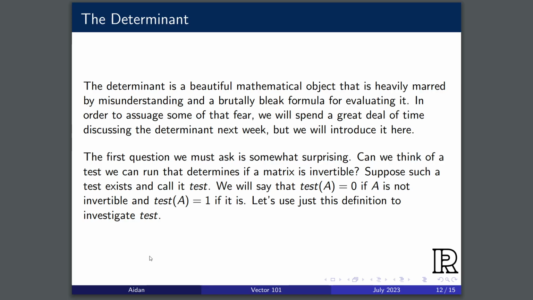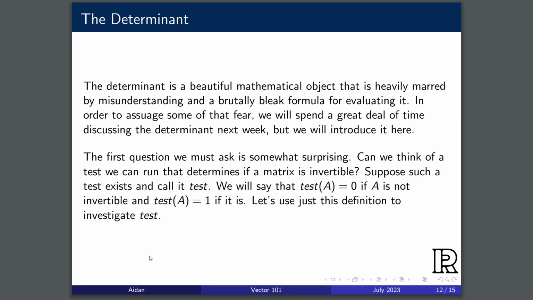So we're just going to try and figure out why we even want the determinant, and actually try and figure out what the determinant formula might be just from the properties we want the determinant to have. So please ask lots of questions as we proceed.